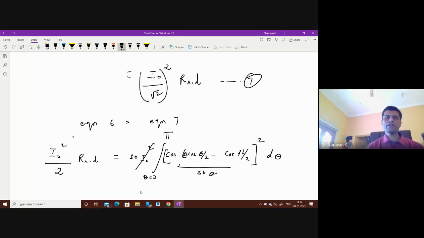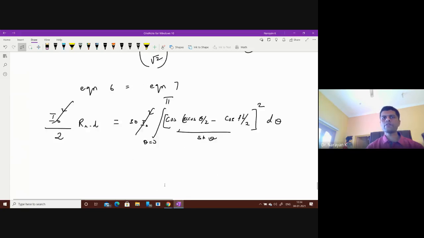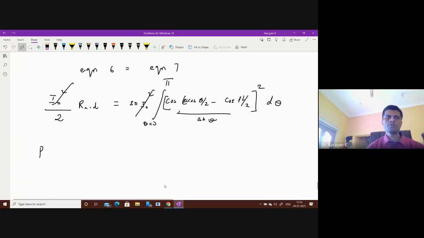I naught will get cancelled. So radiation resistance will be what? Radiation resistance will be 60 into integration of theta varying from 0 to pi cos of beta L cos theta by 2 minus cos of beta L by 2, divided by sin theta d theta.